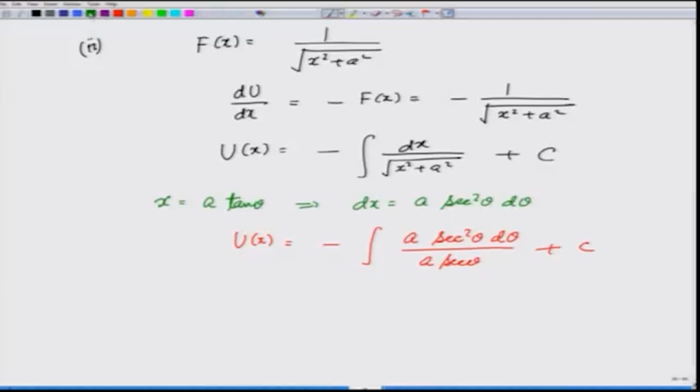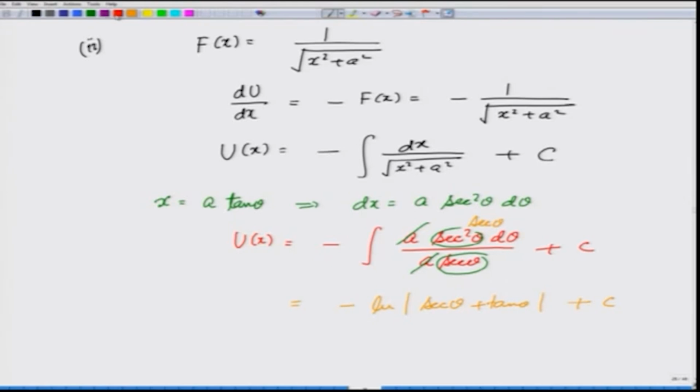This a cancels, secant theta cancels one of the secant theta, and I am left with only one secant theta, and the integral of secant theta d theta is equal to minus log of modulus secant theta plus tangent theta, plus the constant c.